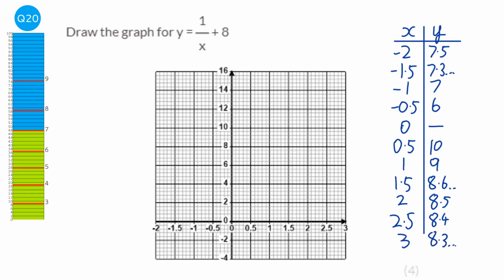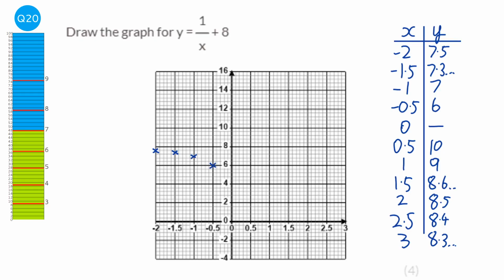Okay, now we start plotting this, and this is not going to be easy because the scale is going up in 2s. So 7.5 would be about 3/4 of the way up here. Then we've got 7.3, which would be slightly lower. Then we've got 7, which will be slightly lower. Then we've got 6, which would be a lot lower.